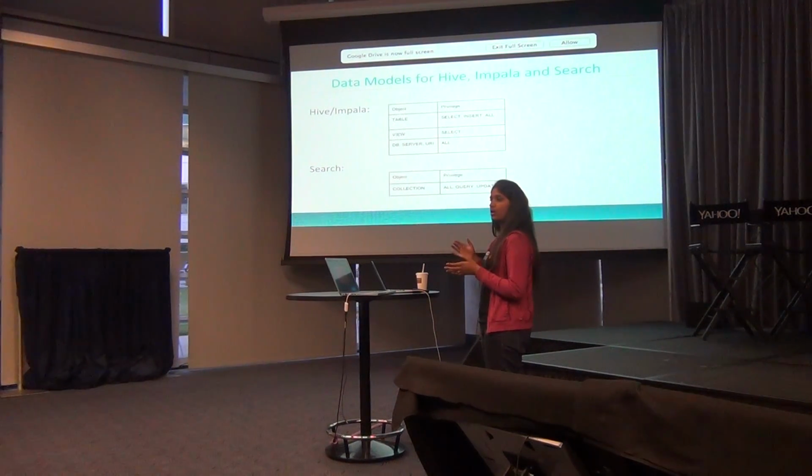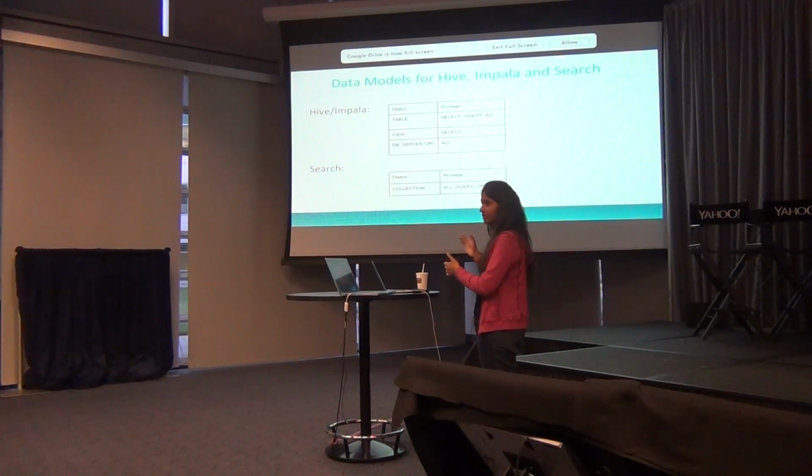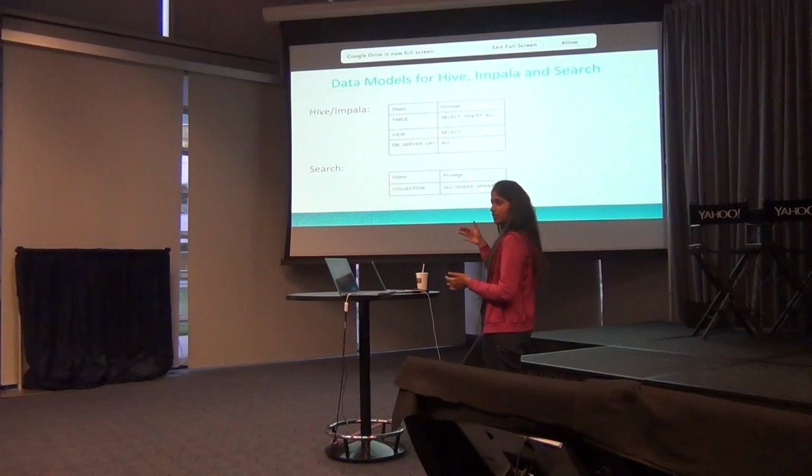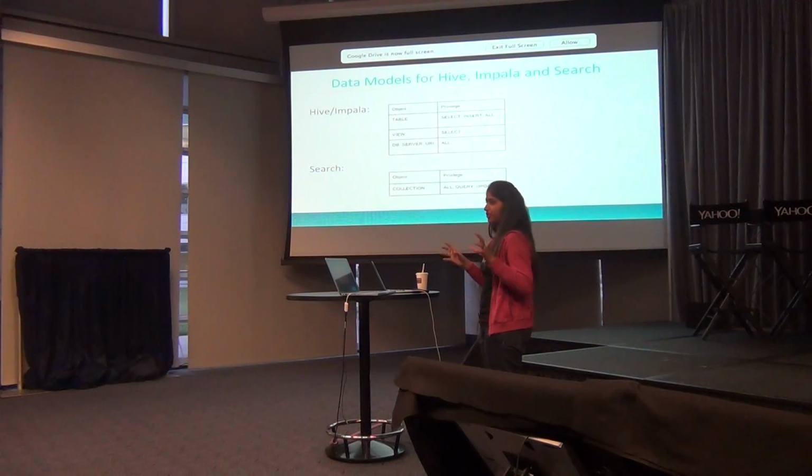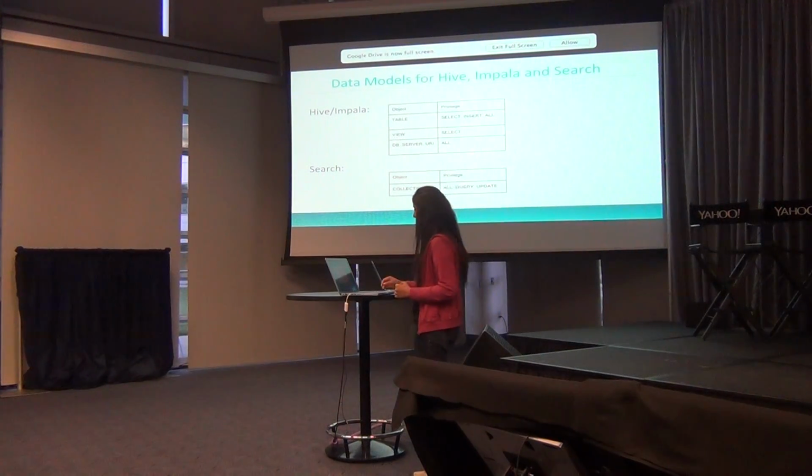And on top of each of these data objects, Sentry provides a set of privileges. Coming to the search world, as of today, we provide privileges on collections. So we provide all privileges, or query privileges, or insert-only and update-only privileges.